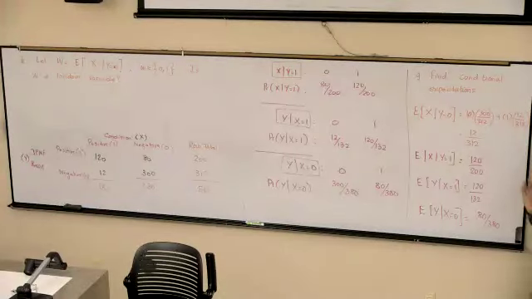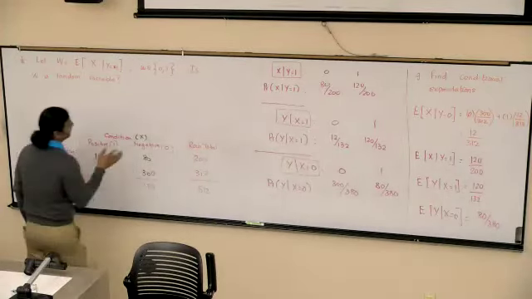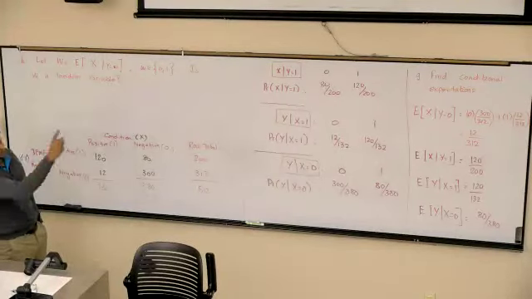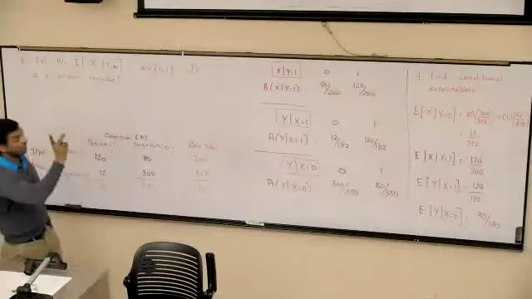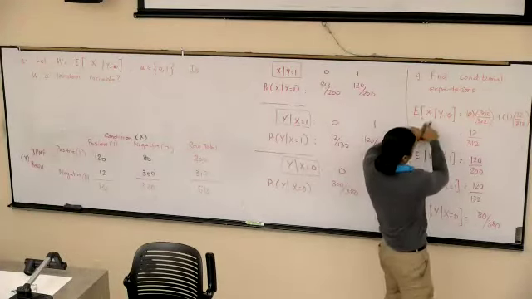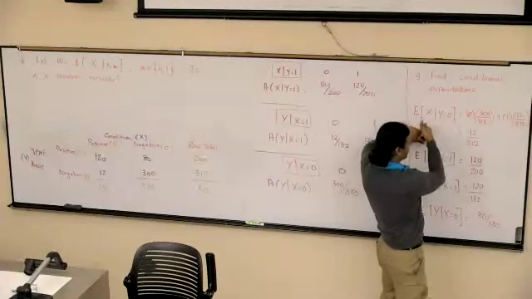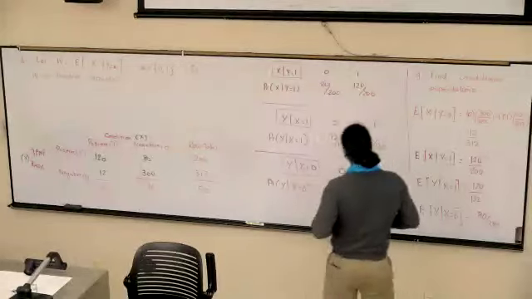Because we have to normalize the distribution to get a PMF. And the only way that's going to happen is if I look at all 4 possible outcomes. In other words, X is equal to 0 given Y equals 0, X is equal to 1 given Y equals 1.